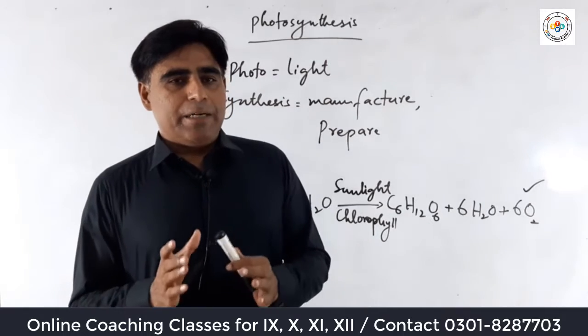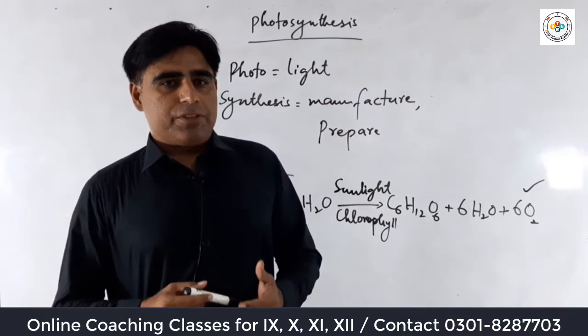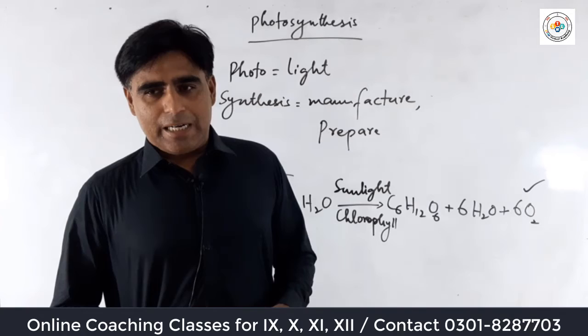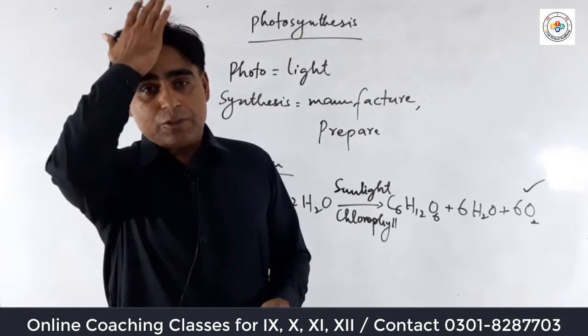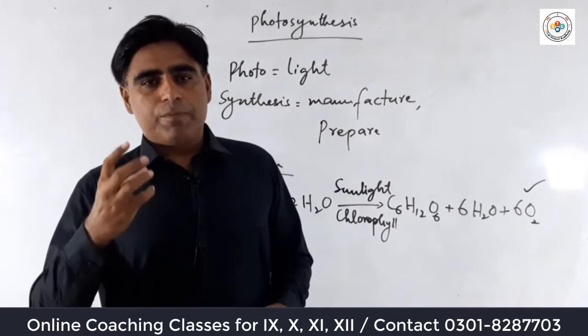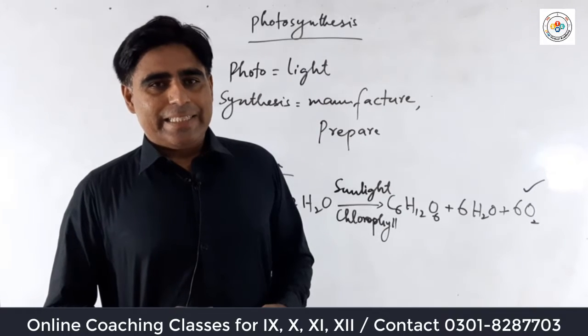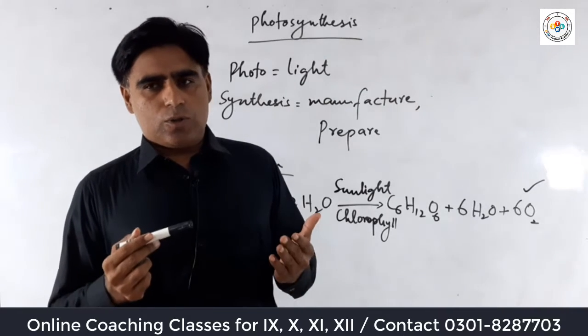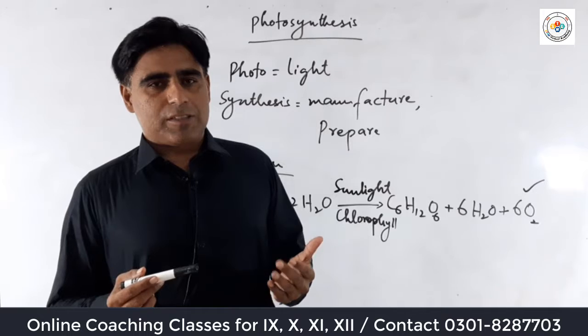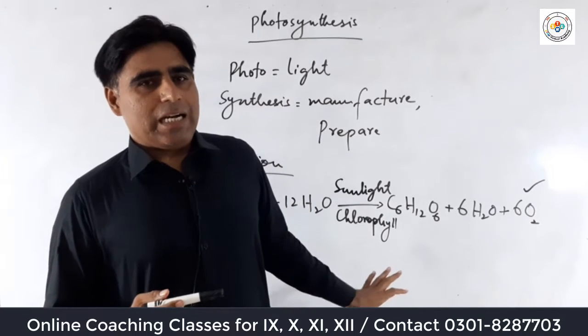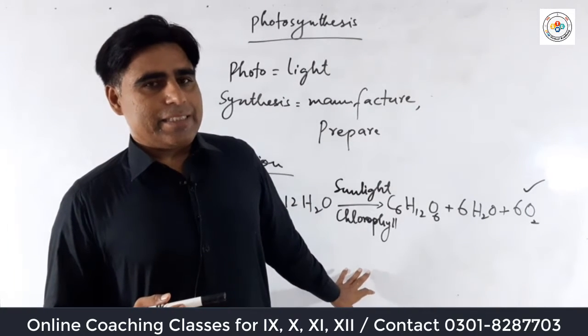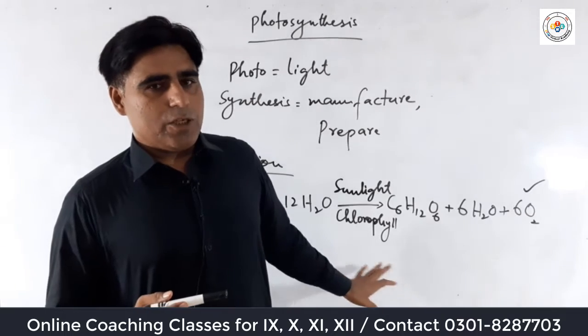Chlorophyll is a green pigment which gives a green color to plant parts and helps to absorb and capture sunlight, and the whole process of photosynthesis occurs inside this pigment.